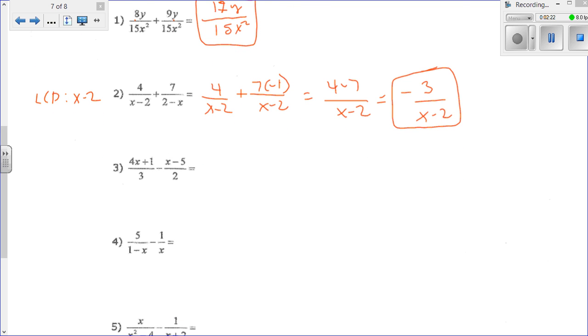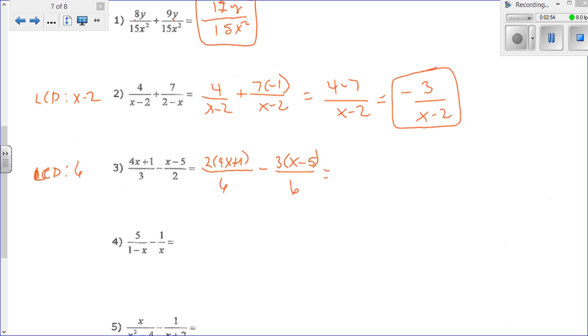For number 3, my LCD between 3 and 2 is 6. So in order to make 6, I must multiply the top and bottom by 2. So I have 2 times 4x plus 1, minus 1 over 6. I have to multiply 2 times 3 to get 6. So it's 3 times x minus 5.